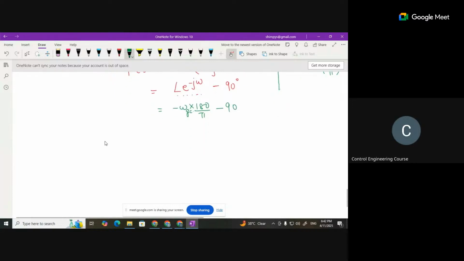So putting the values, the phase margin is equal to 180 degrees plus the angle of G at the gain crossover frequency. This should be 30. This is 180 plus minus omega GC into 180 by pi minus 90. Right?